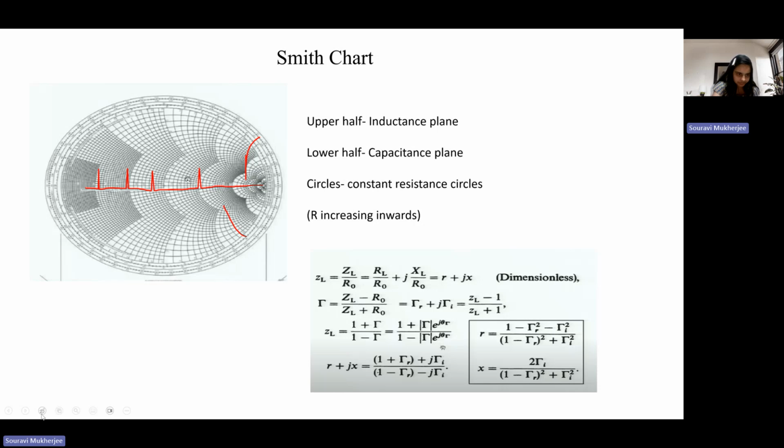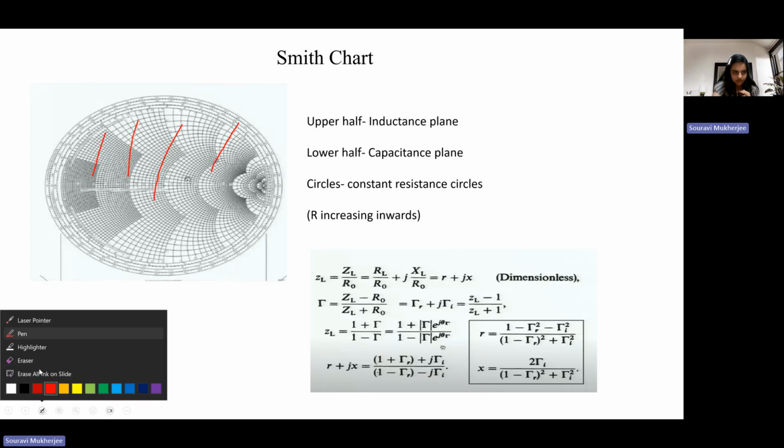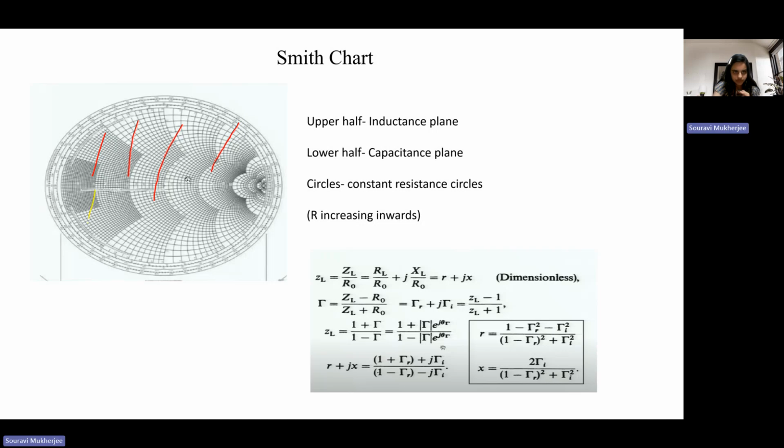As we know, when we write about impedances, inductive loads are given as something like j omega L, while capacitive loads are written as 1 by j omega C. So this will also come in as we proceed further, but this upper half is what is called the inductance plane, while the lower half is called the capacitance plane.